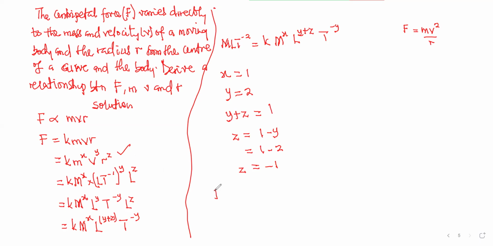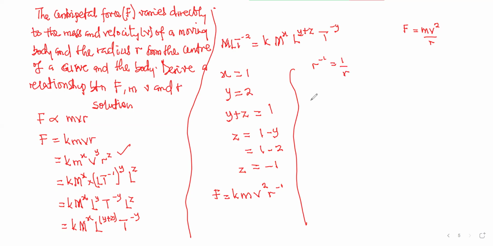Then you go back and substitute whatever you found for X, Y, and Z. F would be equal to K, M exponent X, and X is 1. V exponent Y, and Y is 2. R exponent Z, and Z is -1. Now, from indices, R exponent -1 is the same as 1 over R. I hope you know this.